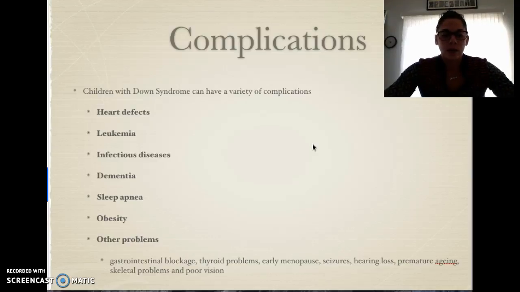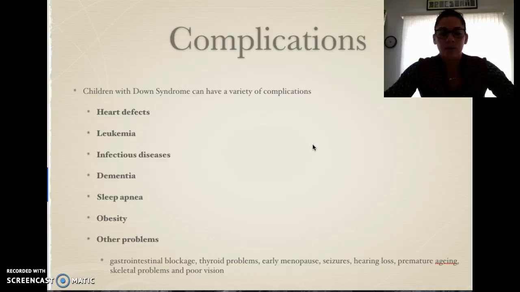Sleep apnea. Because of the soft tissue and skeletal alterations, this can cause obstruction in the airway. About 45% of children that have Down syndrome experience issues with sleep apnea. This also can cause memory loss and cognitive impairment.